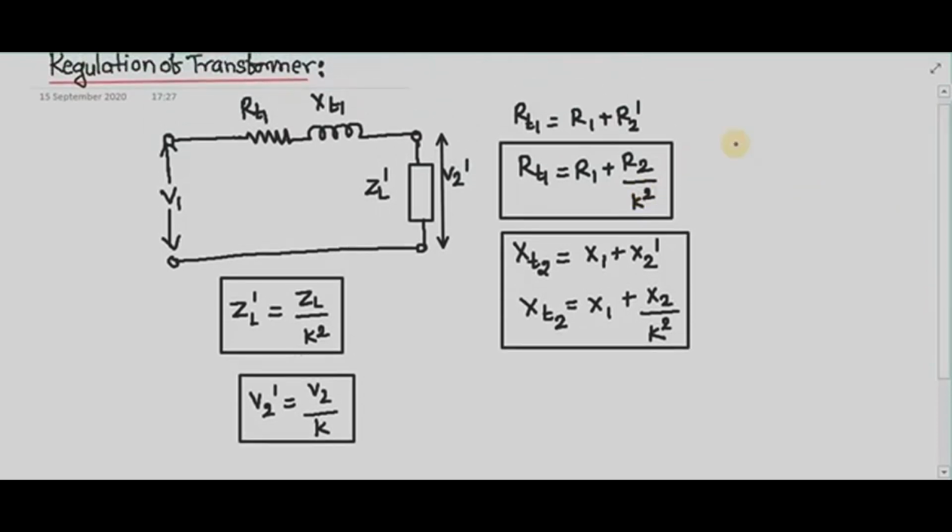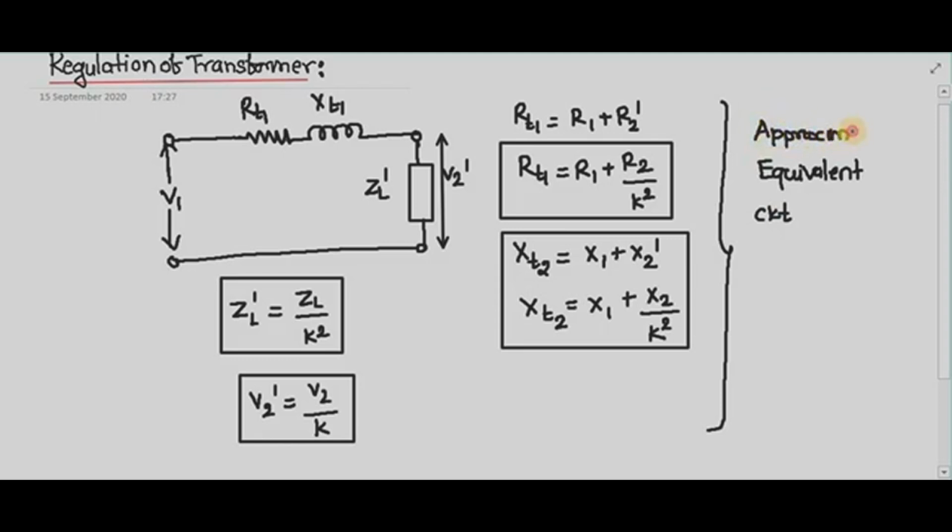This is the equivalent circuit referred to the primary side. This is all about the equivalent circuit. I will mention here approximate equivalent circuit, because we have approximated this equivalent circuit of the transformer referred to the primary side.